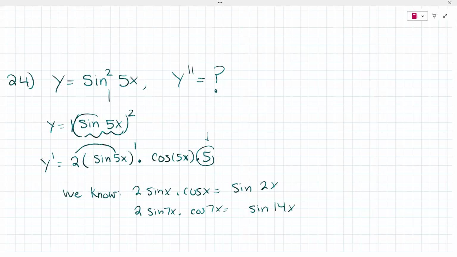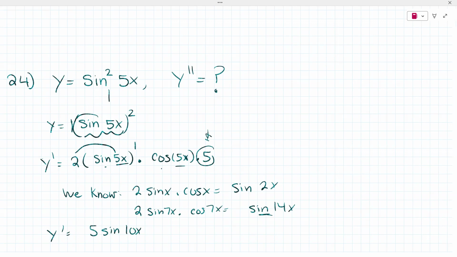So use these properties to simplify it. See how they have a sine of 5x, cosine of 5x. So y prime is going to be sine, and then since these are the same, you're going to multiply 2 by 5, which is 10x. And then you have this extra 5. So you put that in front.